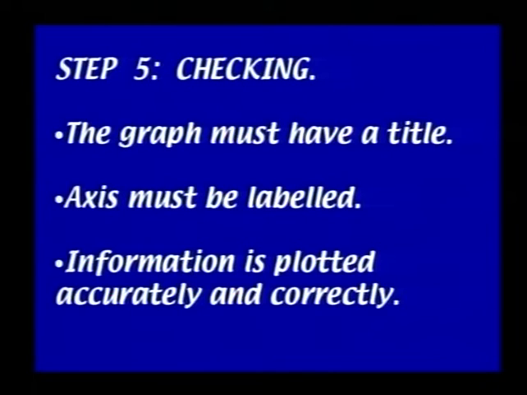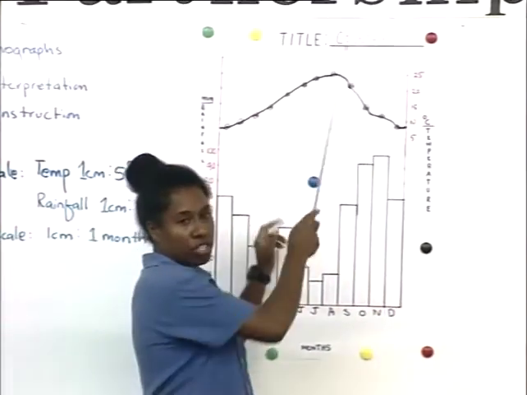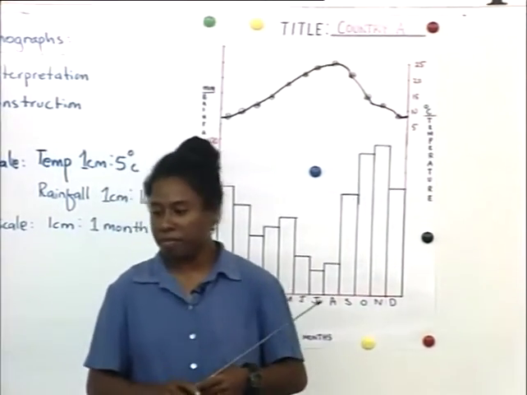Country A. Country A. So the rest of us check, do we have a title, Country A? Okay, maybe we should say climograph for Country A. Okay, so we have a graph for Country A. Good, check to see that you have the title.